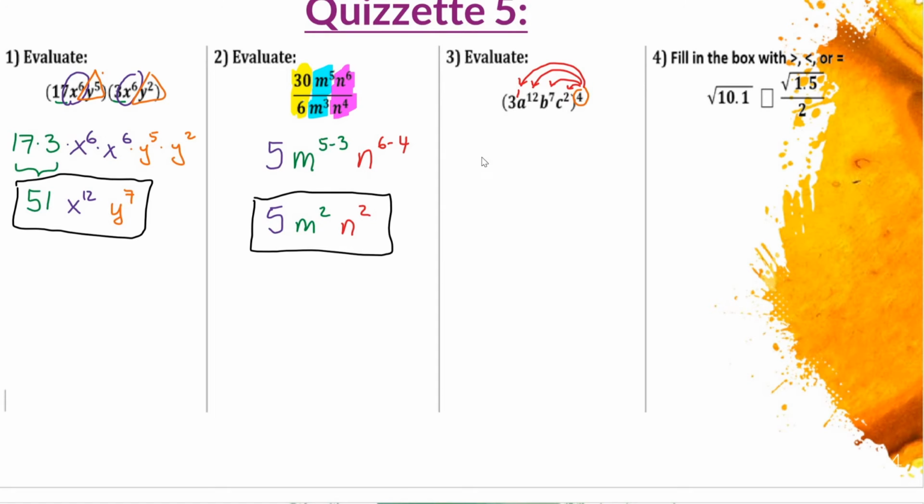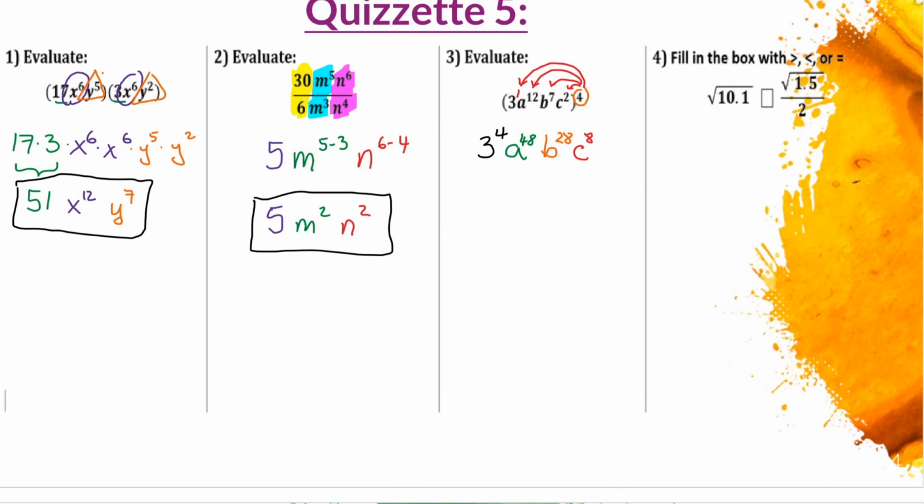We end up with 3 to the 1 times 4, which is 4. A of 12 times 4 is 48. B of 7 times 4 is 28. And last one, C: 2 times 4 would be 8.